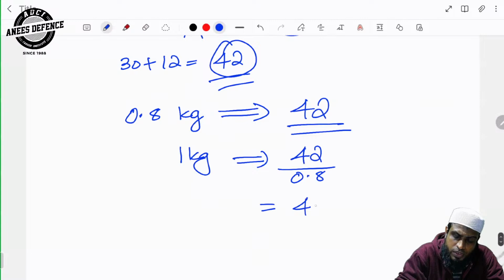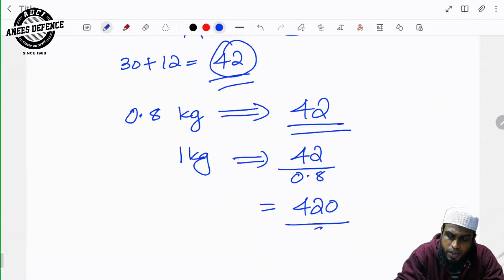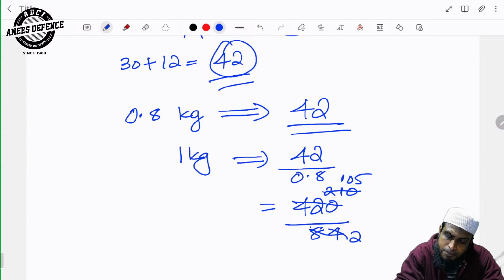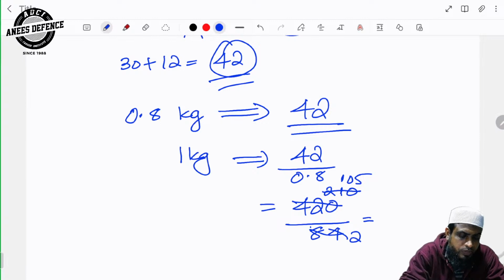So if he sells, 420 by 8, 105 by 2, 52.5.